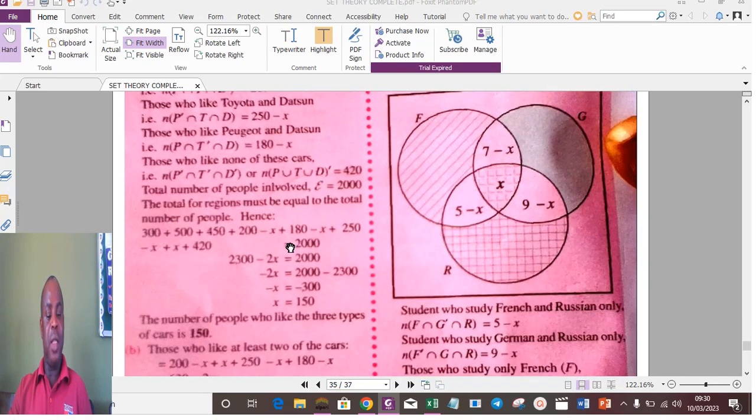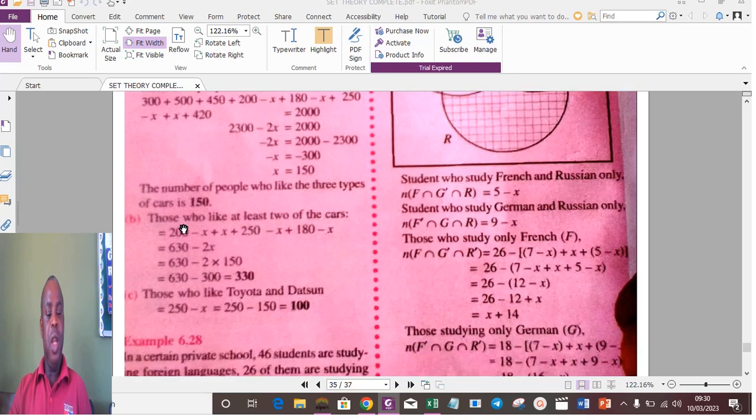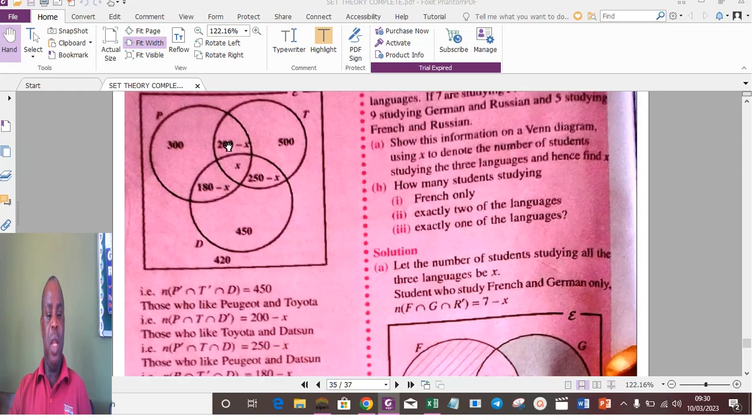So let's now look at how to do that one. Those who love at least two cars and above. I've just told you 200 minus S plus 250 minus S plus 180 minus S. This is what we are doing, we are adding this. Why are we adding all the three of them?